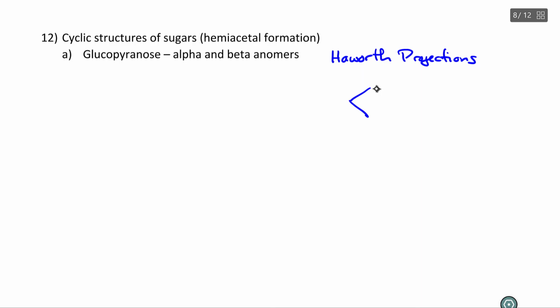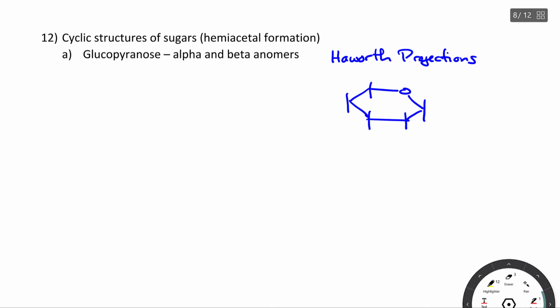If you've had any biology or done any reading, you will have seen a structure that has this kind of shape. So it's not a chair or a boat. It's just drawn as a hexagonal ring, and we put an oxygen in the corner. And then there are branches that go like this. Okay, and then very quickly, I just want to make a couple of notes on this. These ones where I do the red, right?